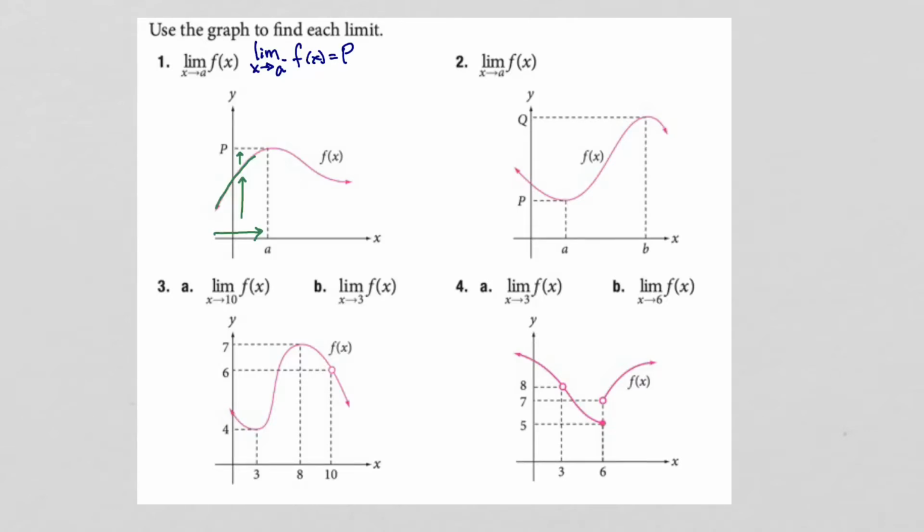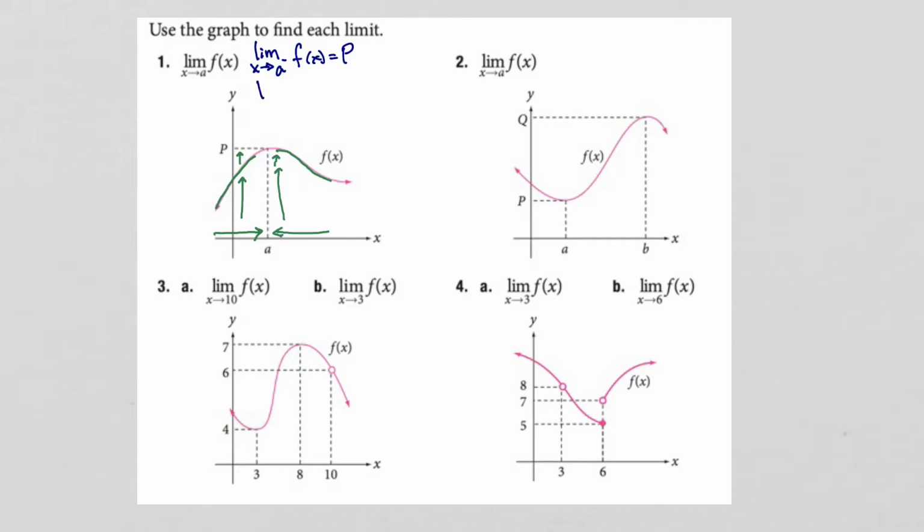And now as we come in from the right side, let's have our horizontals come in toward a from the right side, and I'll trace along the curve. It looks like our verticals are approaching that same number p, right? As we get closer and closer to a from the right side, the verticals are getting closer and closer to that number p.